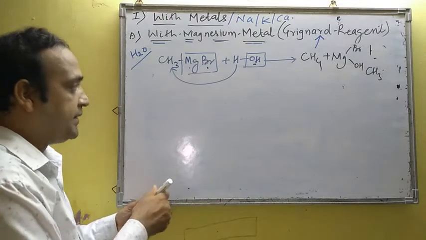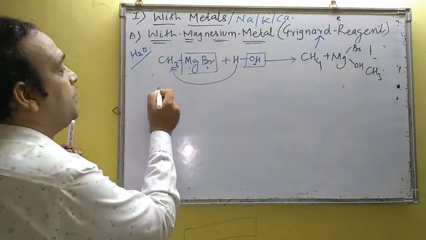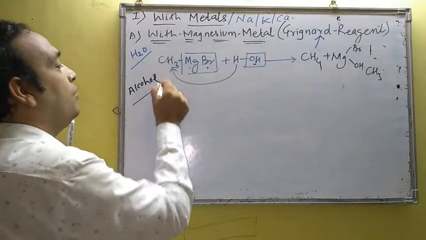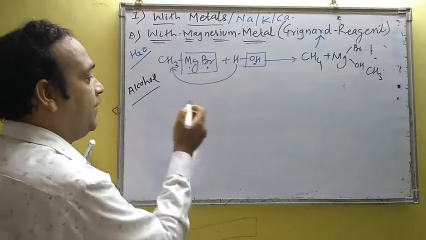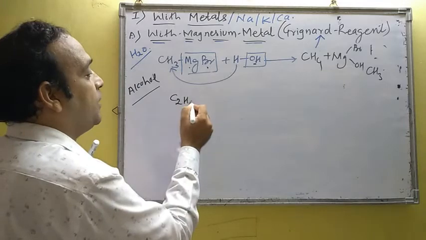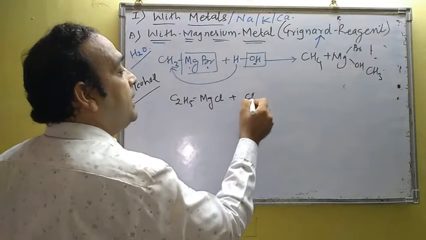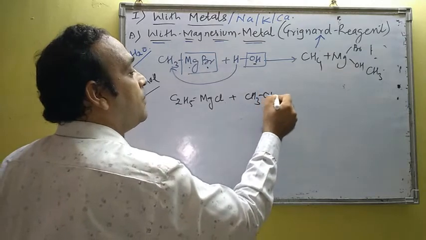Now take any example, suppose reaction with alcohol, I am taking ethyl or cyclohexyl, whatever it is. Now suppose ethyl is given to you, C2H5MgCl, it reacts with methanol.